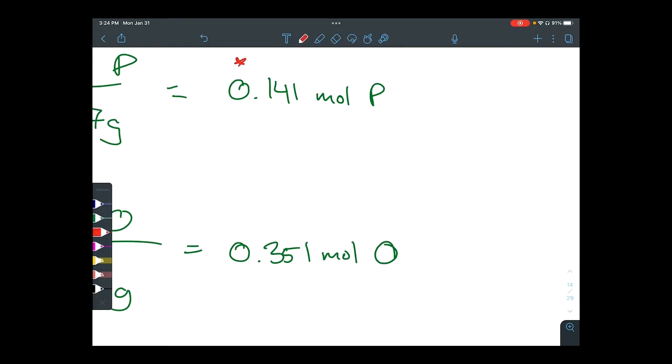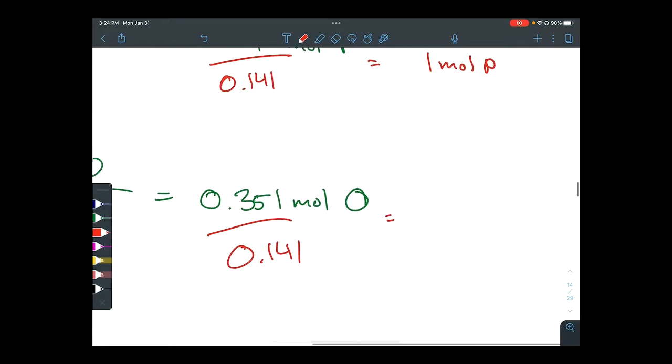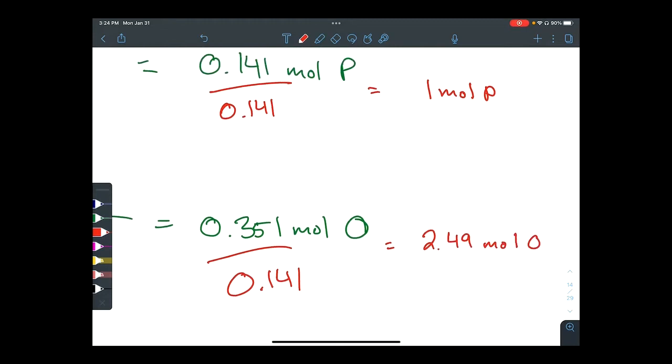So the trick to do it is identify which value is the smallest one. In this case, it is phosphorus. So if you divide both of them by 0.141, you get 1 mole of phosphorus, and this is 2.49 moles of oxygen. All right, so is that my empirical formula? P1O2.5? No, it is not. So can 2.49 round down to 2?